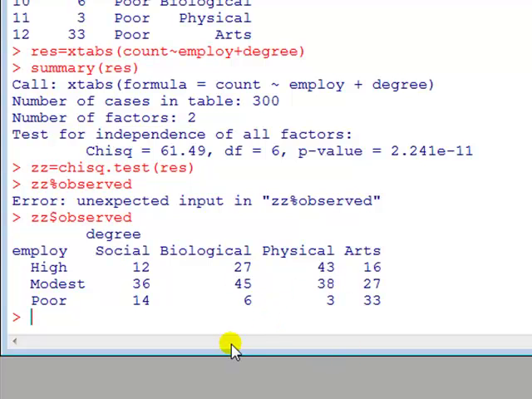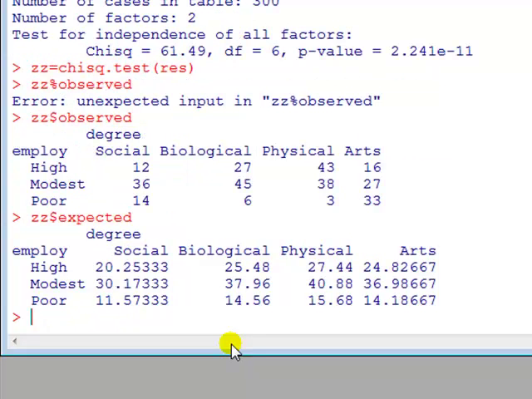We can also look at the expected counts. These are the numbers that you would expect if the null were true. So what this says is that if there's no association between degree and employment expectations, you would see about 20 people who did social science and had high employment.